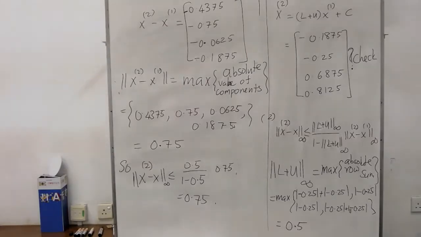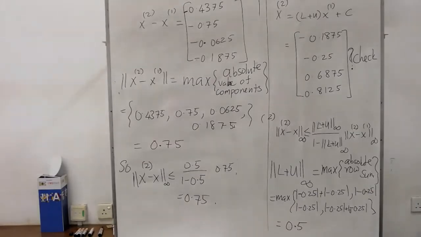So here it is Jacobi iteration, so I use L plus U as the iterative matrix. For the other methods, Gauss Seidel and SOR, you may need to use the corresponding iterative matrix for the error bound.